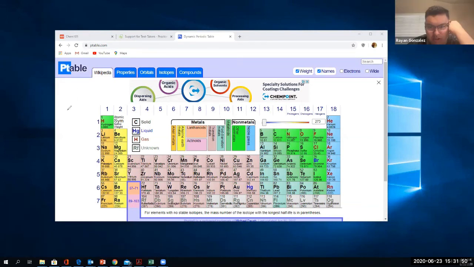So we're looking at calcium. Can you see my purple writing? Is it barium?